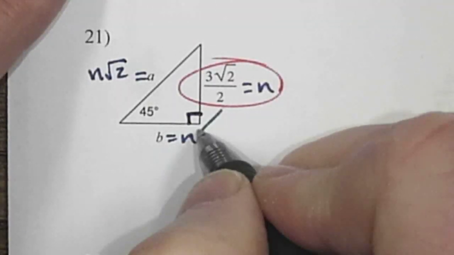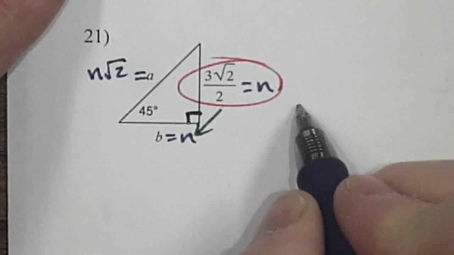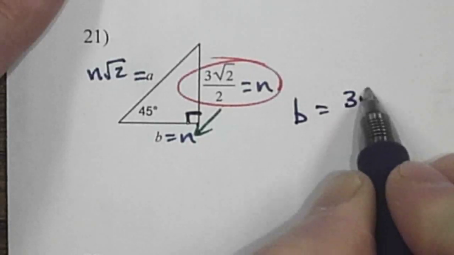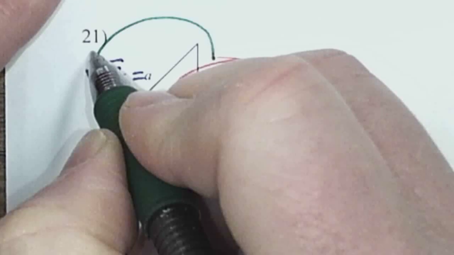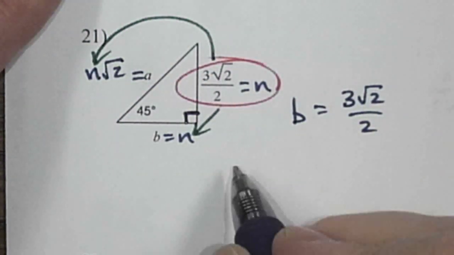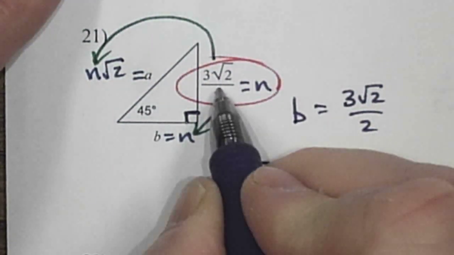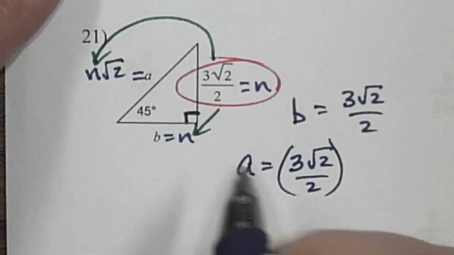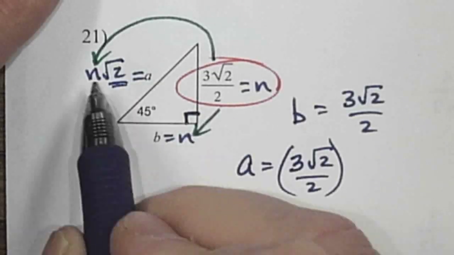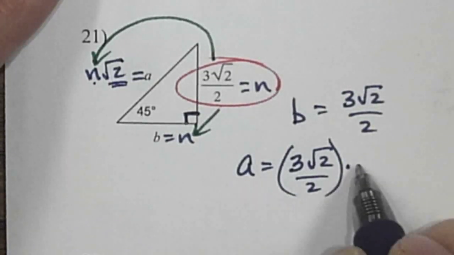It's an ugly number, but I know what it is. If I plug it in here, I know what b is. b is the same exact thing. If I take this and plug it in here, a will be this number times the square root of 2. n times the square root of 2.